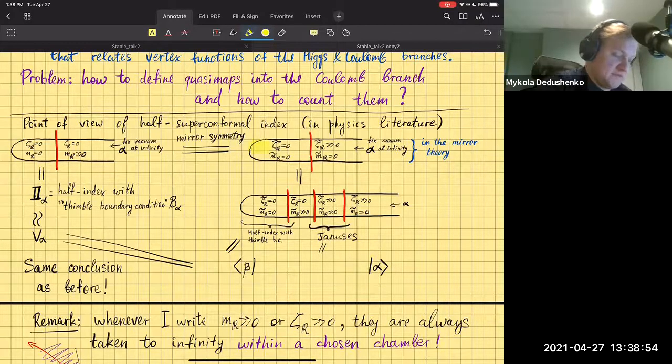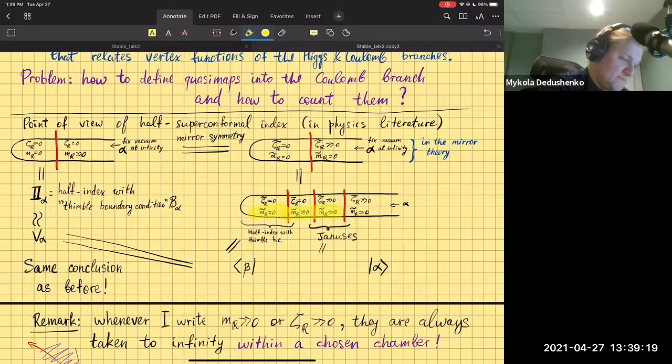But then this configuration using our interfaces can be equivalently written as, we sort of add two interfaces here. So instead of going from mass from 0 to 0, we go from 0 to a large value and then to 0.